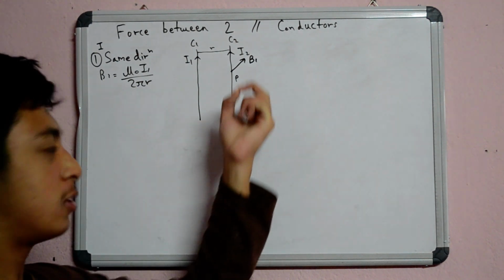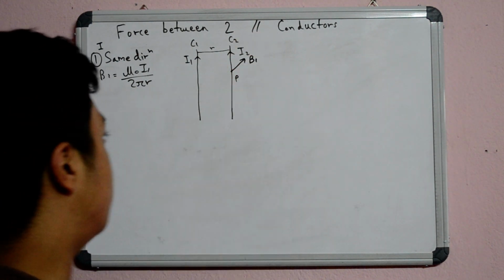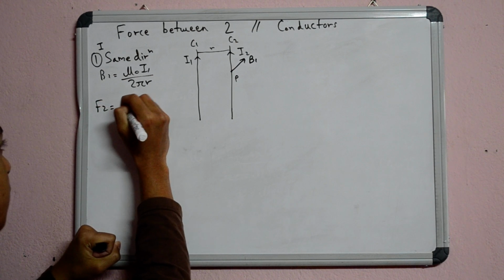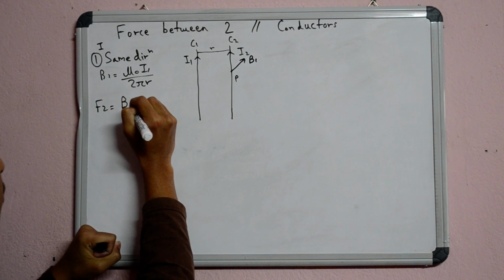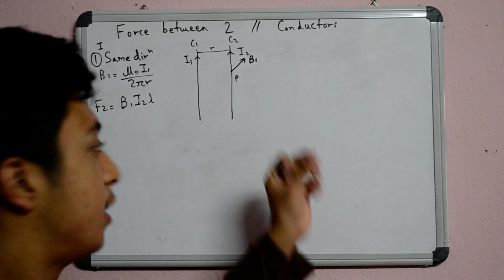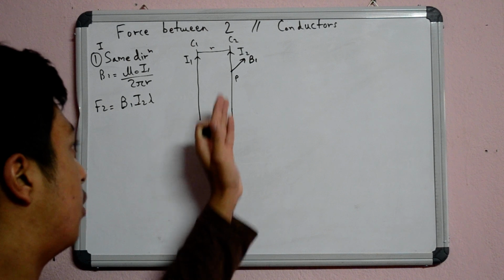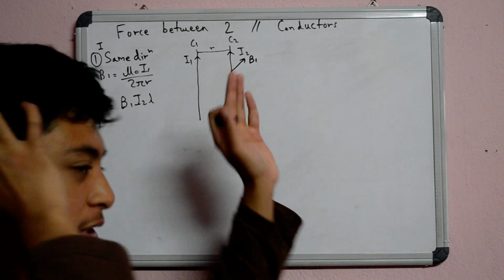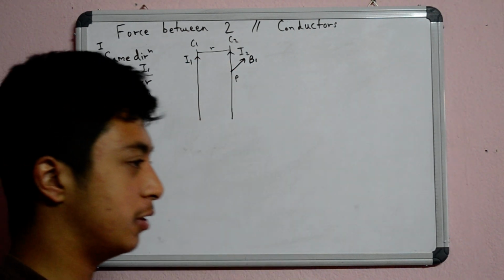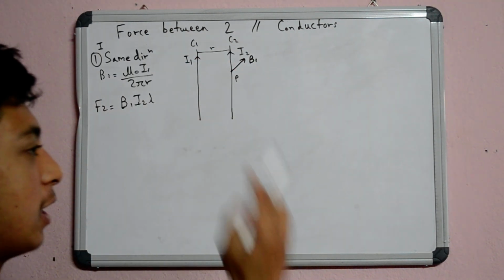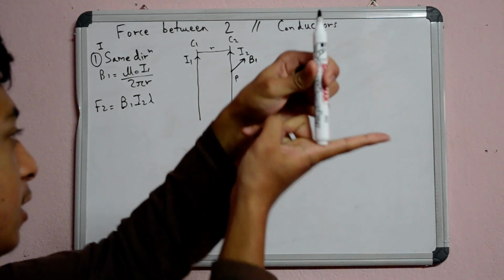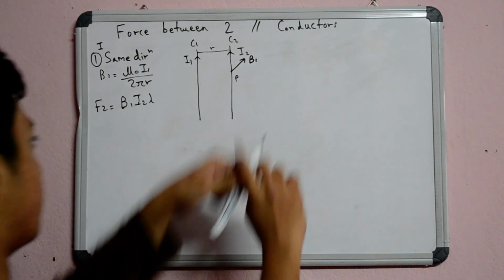Here this conductor will experience some Lorentz force due to this current and this magnetic field, which is F2, equal to B1 I2 L sine theta. Theta is the angle between the direction of the current and the magnetic field. Here the current is going like this and the magnetic field is going like this, so they are perpendicular.